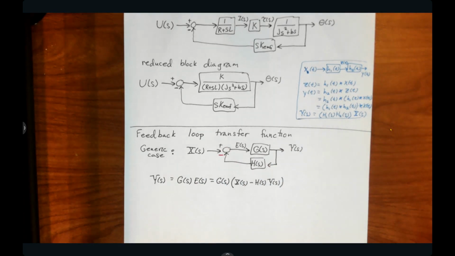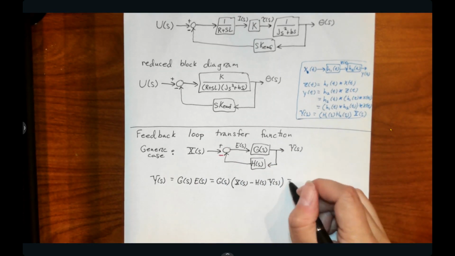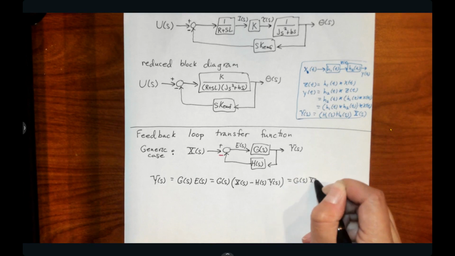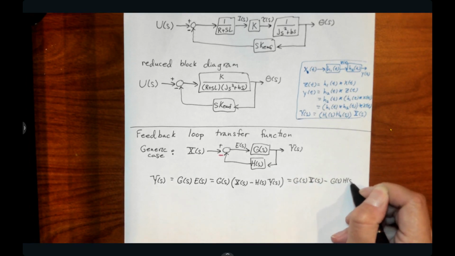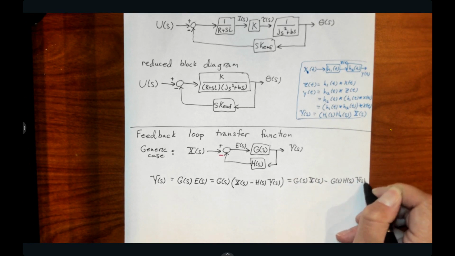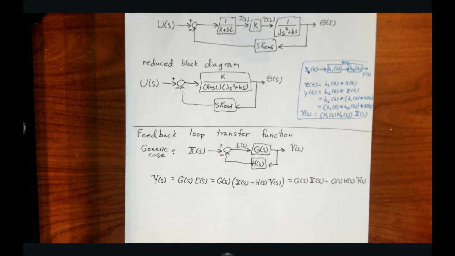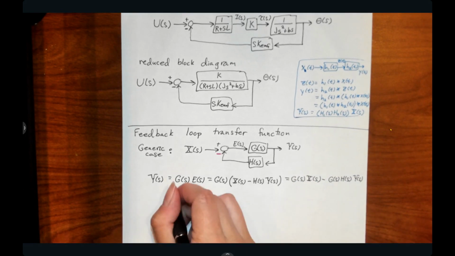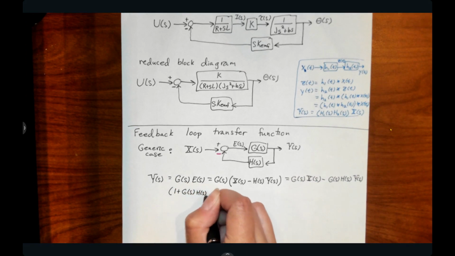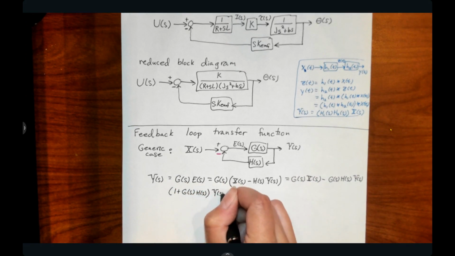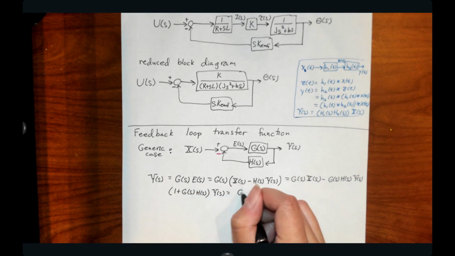So I can expand this out: G of s, X of s minus G H Y. Now if I get all the Y terms to the same side, I have 1 plus G H, Y, is equal to G X.